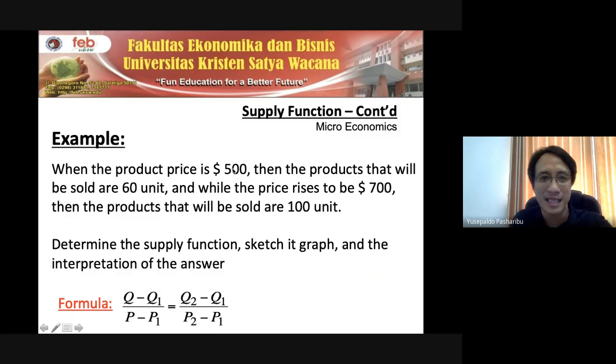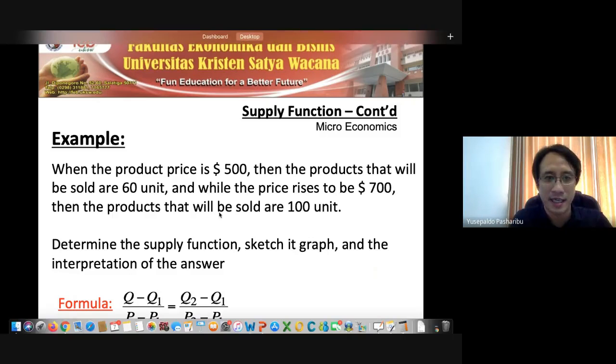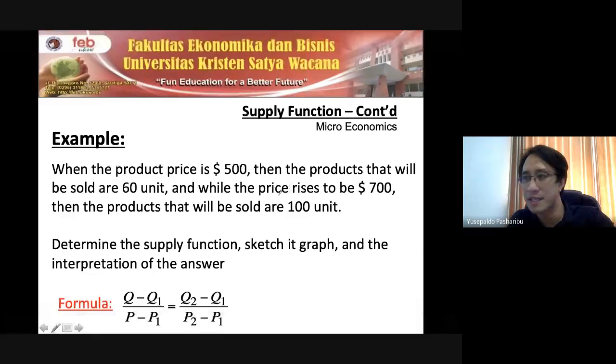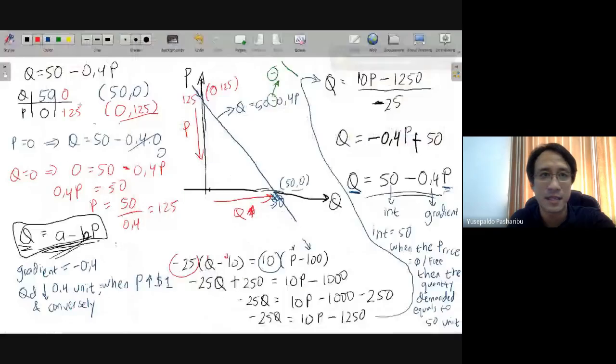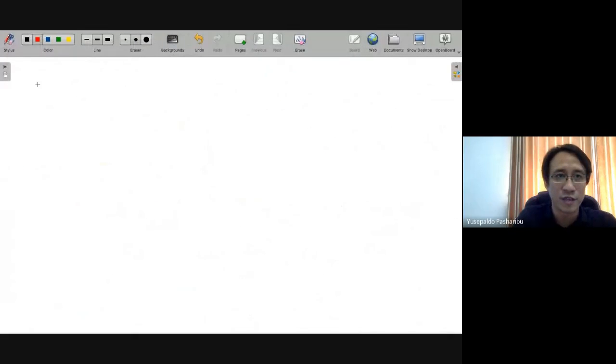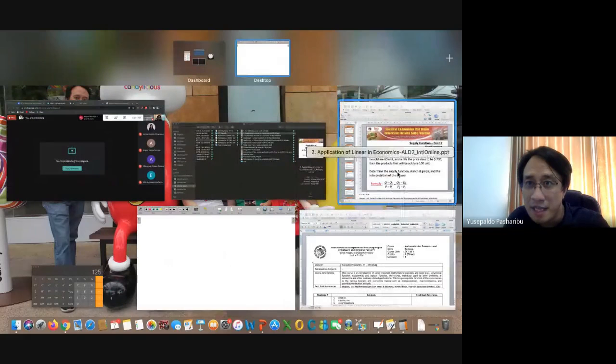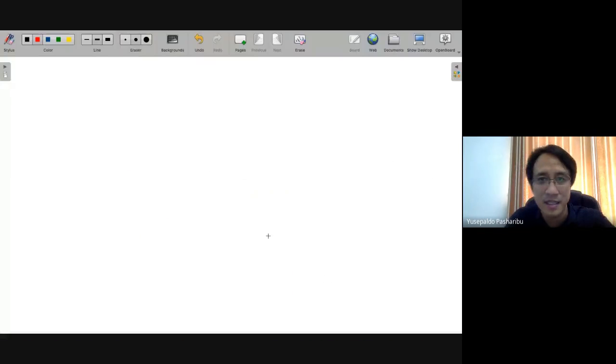Now we move to the supply function. When the product price equals 500, then 60 are sold. So price P1 equals 500, and the first quantity Q1 is 60.